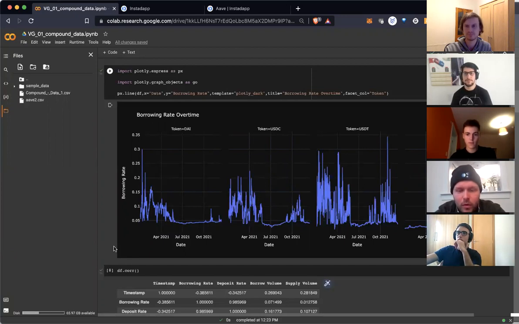I think that's a form of alpha that not many people get their hands on unless they're a quant fund and that's their job. But another area is governance alpha. If you know a governance proposal is being voted on and might go through, and it changes reward rates significantly, that's a huge form of alpha as well.